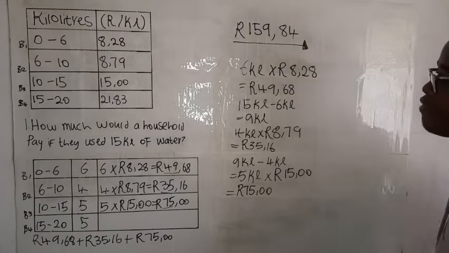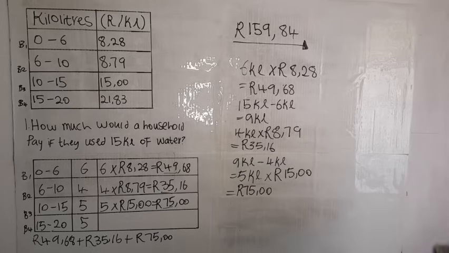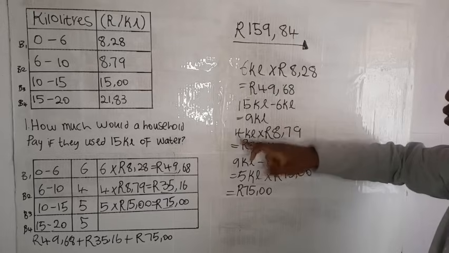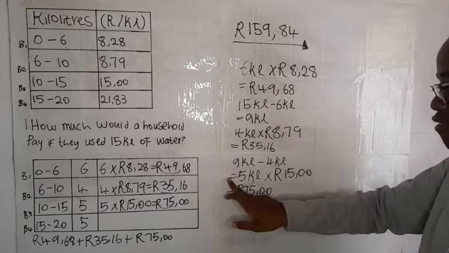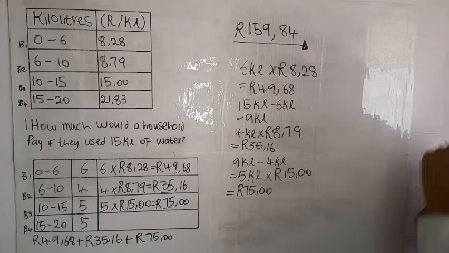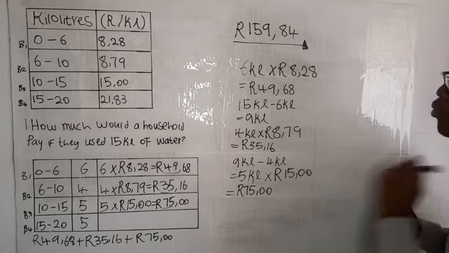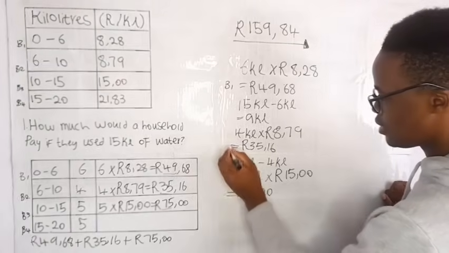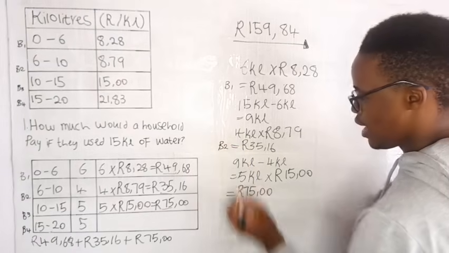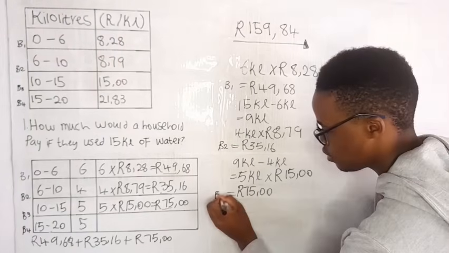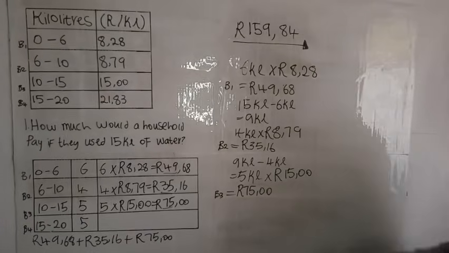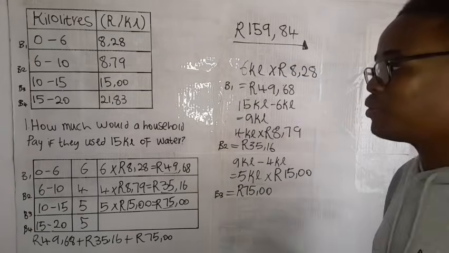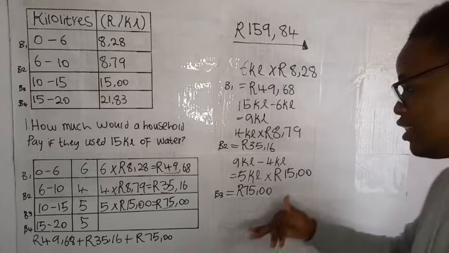Now that you have found the amount for all these kiloliters, for the first 6 kiloliters, the second 4 kiloliters, and the third 5 kiloliters, just so you don't get lost, remember this is the answer for the first block, this is the answer for the second block, and this one is the answer for the third block. So you add all these answers together in order to get the total amount for the 15 kiloliters.